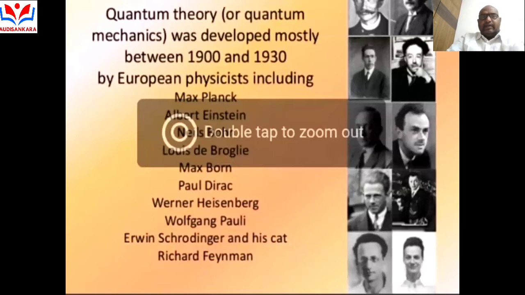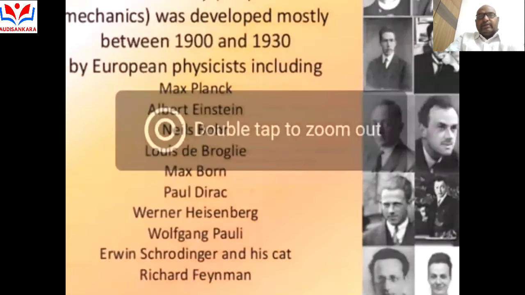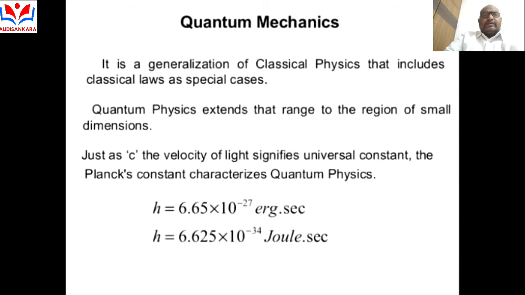Quantum mechanics was developed mostly between 1900 and 1930 by European scientists, including Max Planck, Einstein, Niels Bohr, de Broglie, Max Born, Paul Dirac, Heisenberg, Pauli, Schrodinger, and Richard Feynman. Quantum mechanics is the generalization of classical physics that includes classical laws as special cases. Quantum physics extends that range to the region of small dimensions.